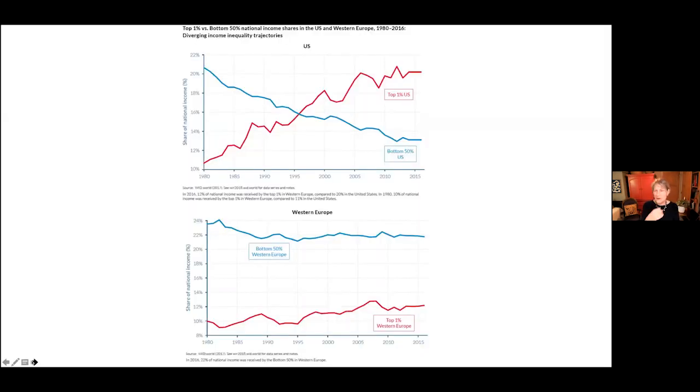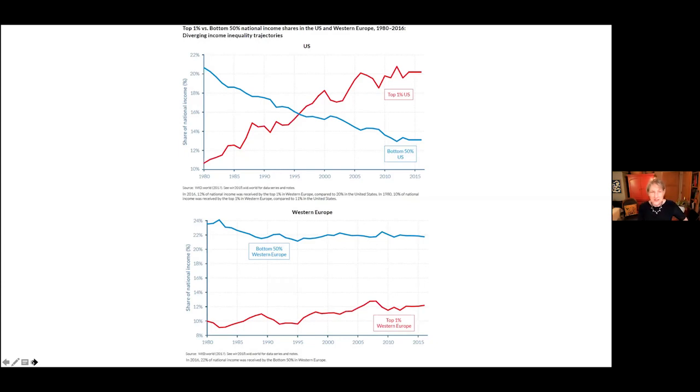And so I want to begin with just some motivation and to just show this graph, which I think is pretty stark. This comes from the 2018 World Inequality Report.